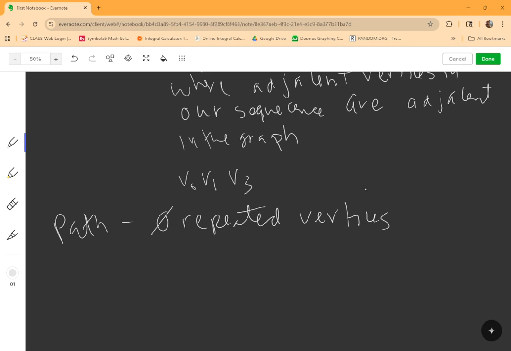But we can also go from V0 to V1 to V0 to V2. That's not a path, that's only a walk.